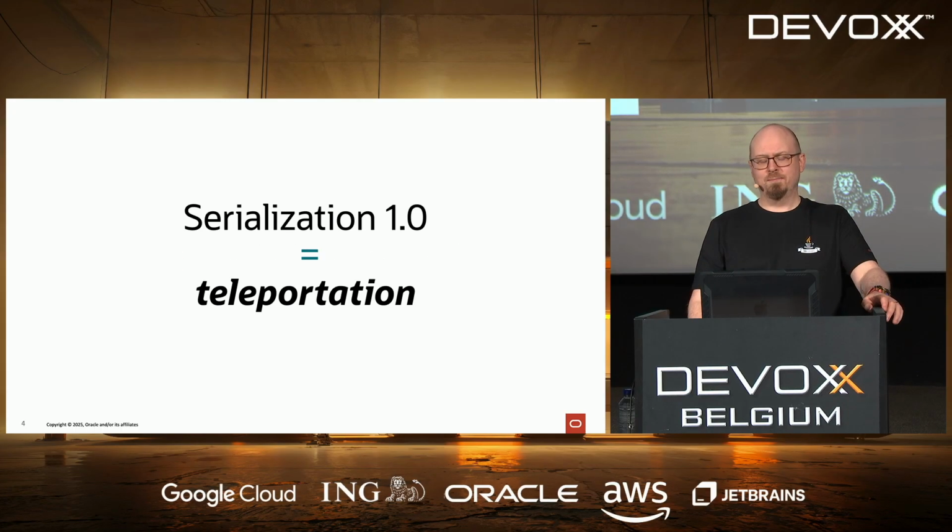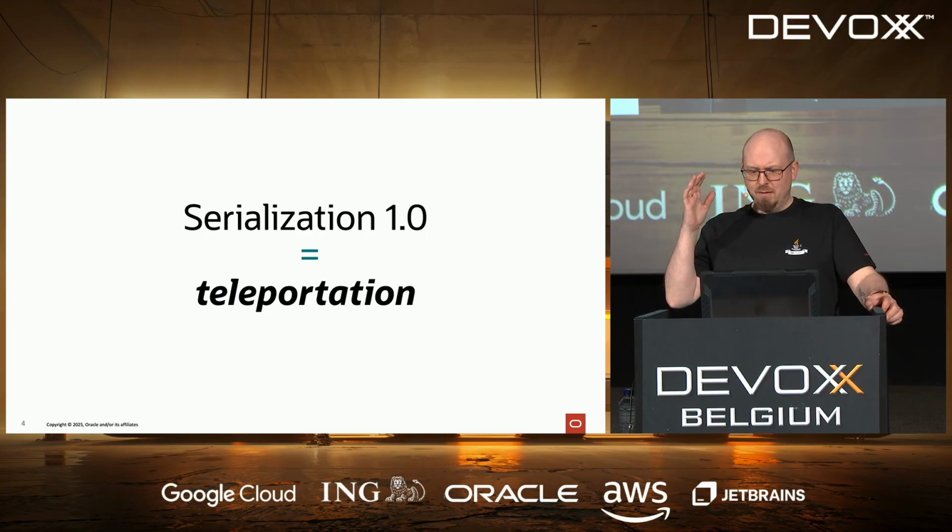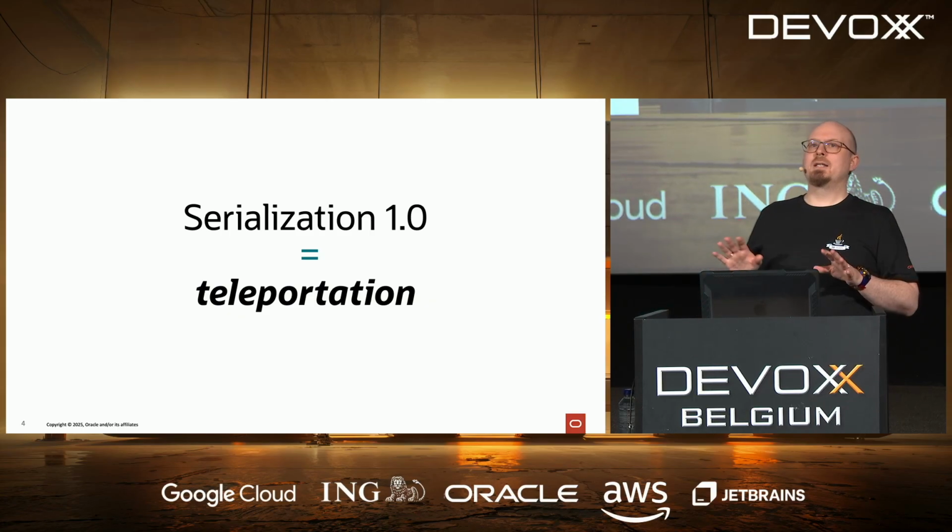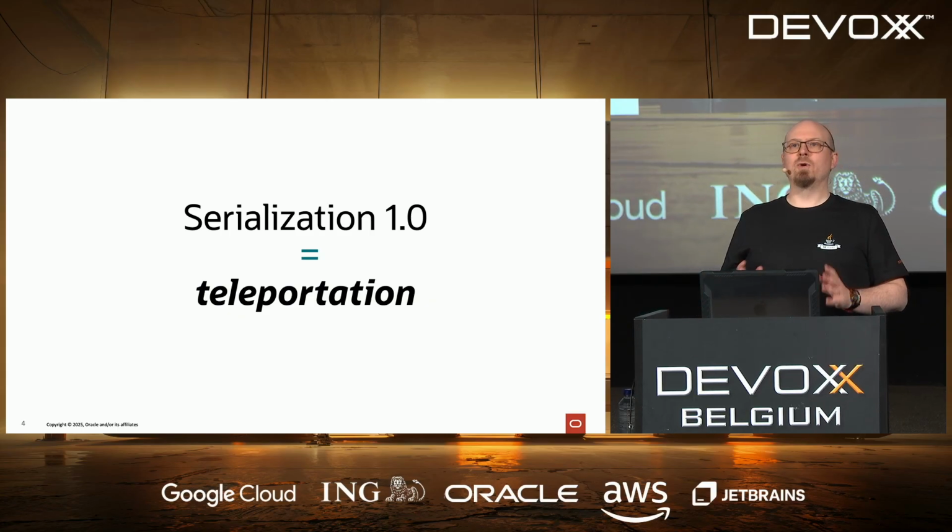So serialization 1.0, you can think of it as a teleportation feature. And why are we doing a 2.0? Are we also doing a teleportation feature? Well, looking at the context in which serialization 1.0 was created, this was mid to late 90s.